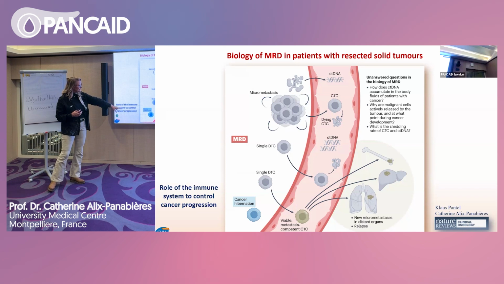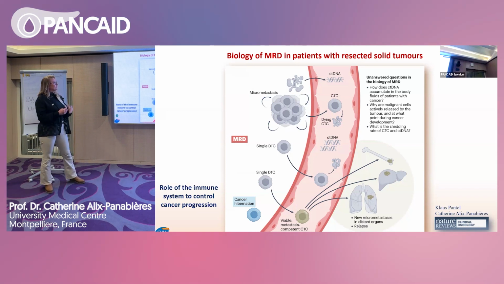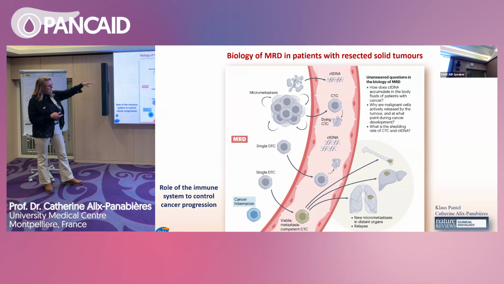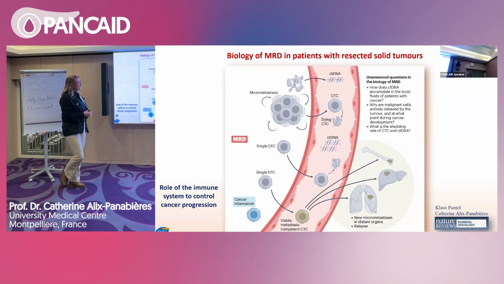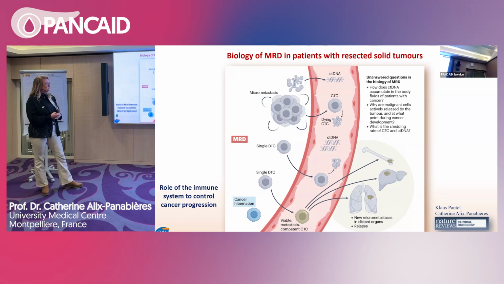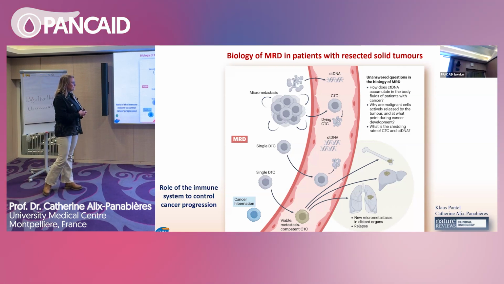And at one moment, of course, you have this awakening of these cells, and you see on the right side, you still have some questions for the biology of MRD. How does ctDNA accumulate in the body fluids of patients with cancer? Why are malignant cells actively released by the tumor, and at what point during cancer development?